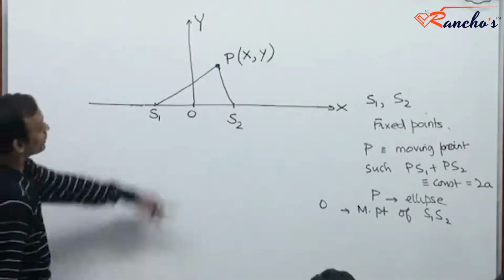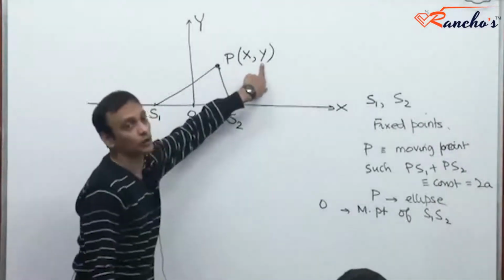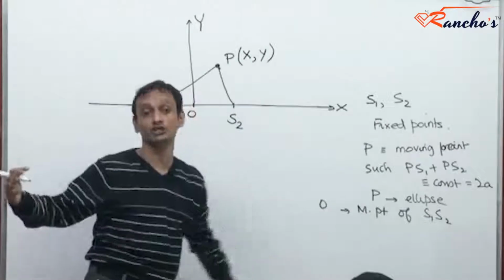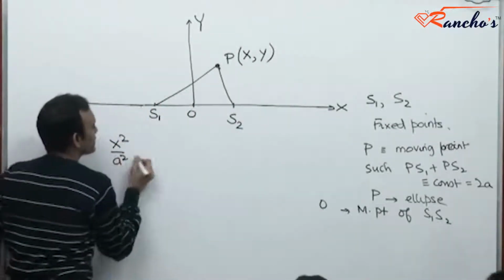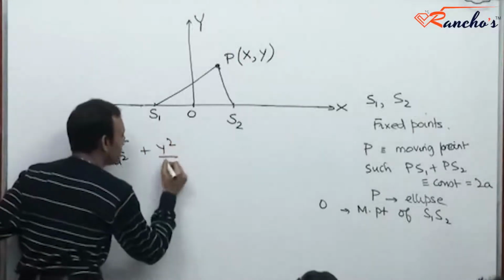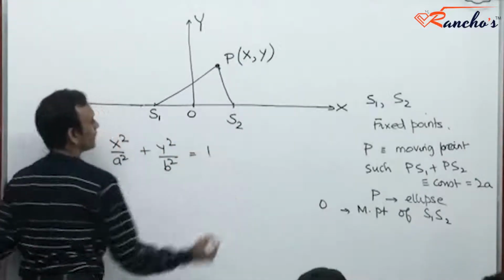Then the relationship between the x and y coordinates of this moving point at any juncture is going to be x squared by a squared plus y squared by b squared equal to 1.